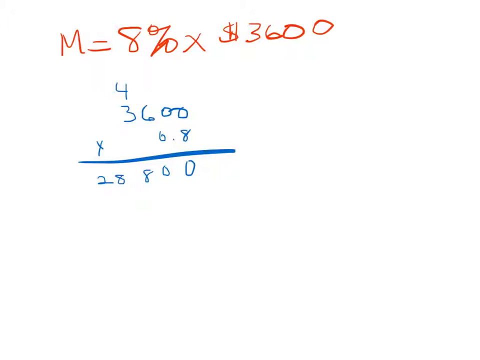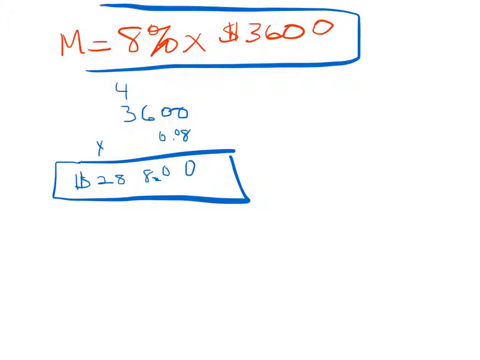And there's two decimal places in 0.08. Put that in there. So that's his commission. He would receive $288 for selling a car of that amount.